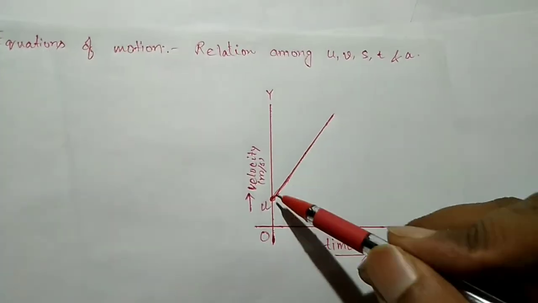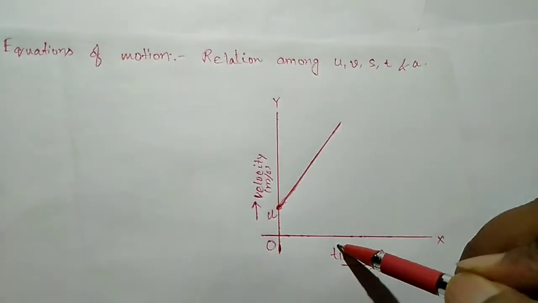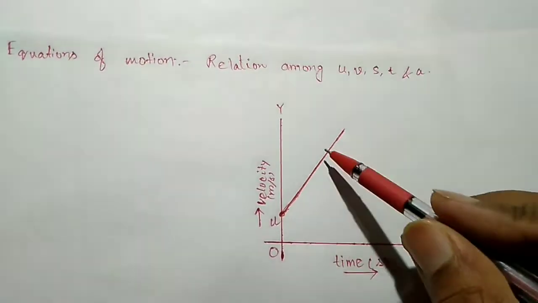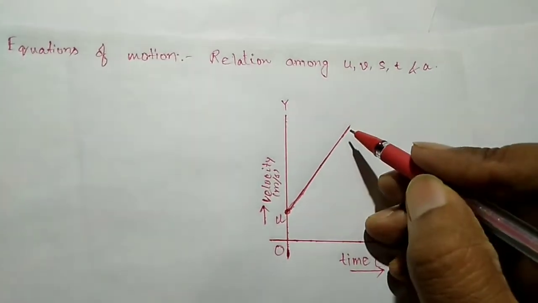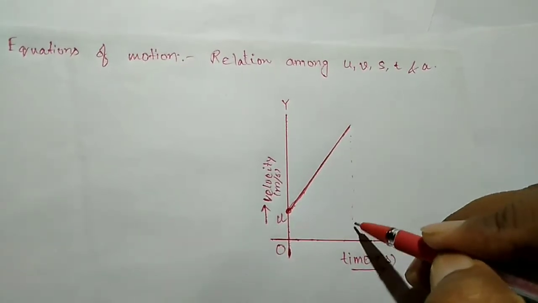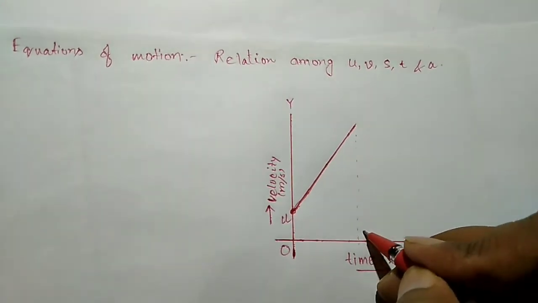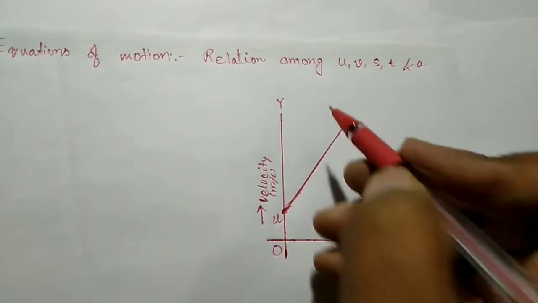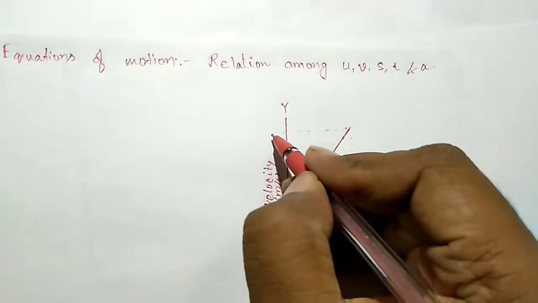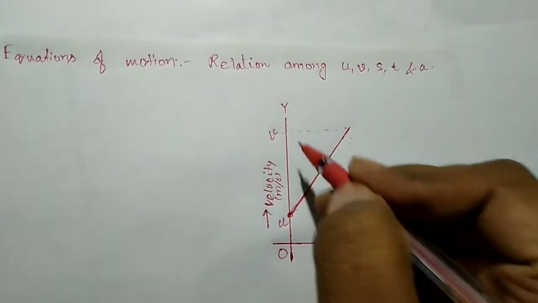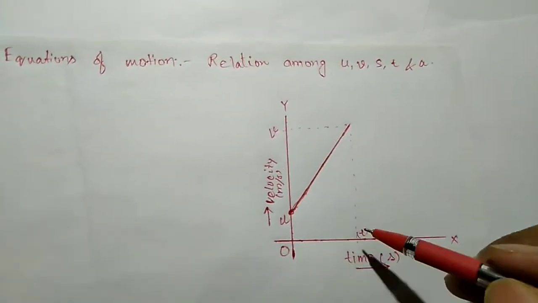You can see here the velocity is increasing with time. So if the velocity is increasing, the motion of the object is accelerated motion. Suppose in reaching up to this point, the object takes time t and attains a new velocity, initial was u, the new velocity v in this duration of time.